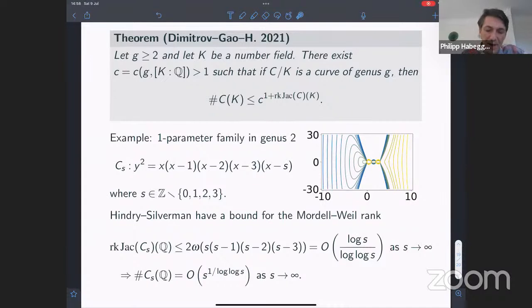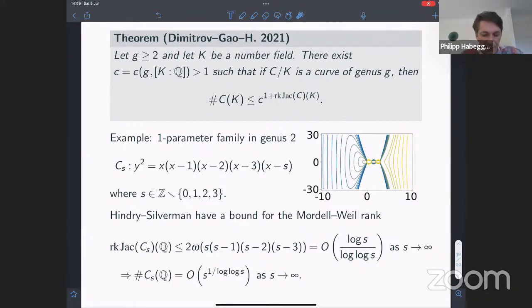Now, if you want to get an upper bound out of the theorem, you need to know something about how the rank develops, or how it can be bounded as s varies. As we know, it's very difficult to actually compute the Mordell-Weil rank in general. There's no known algorithm that always works at the moment, but you can get an upper bound for the rank, and that's good enough for this application.